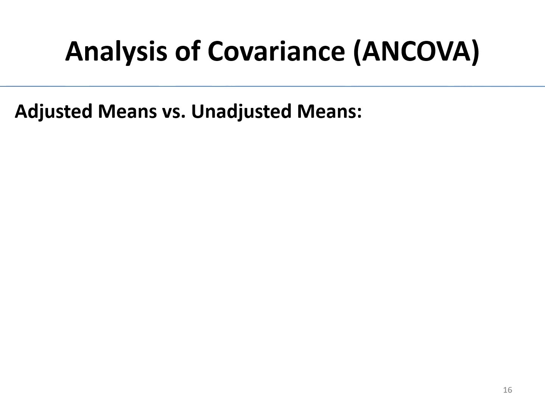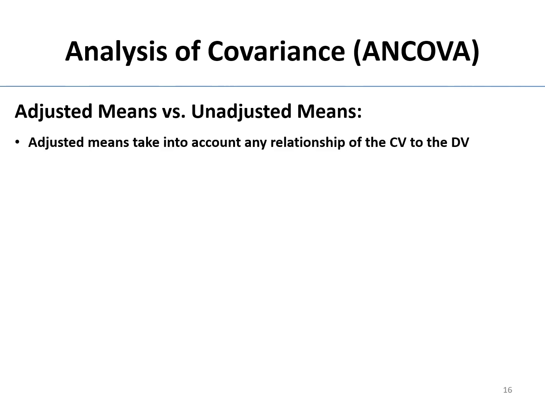So in analysis of covariance, you have both what we call adjusted means and unadjusted or crude means. So we need to talk a little bit about them. Adjusted means take into account any relationship between the covariate and the dependent variable.